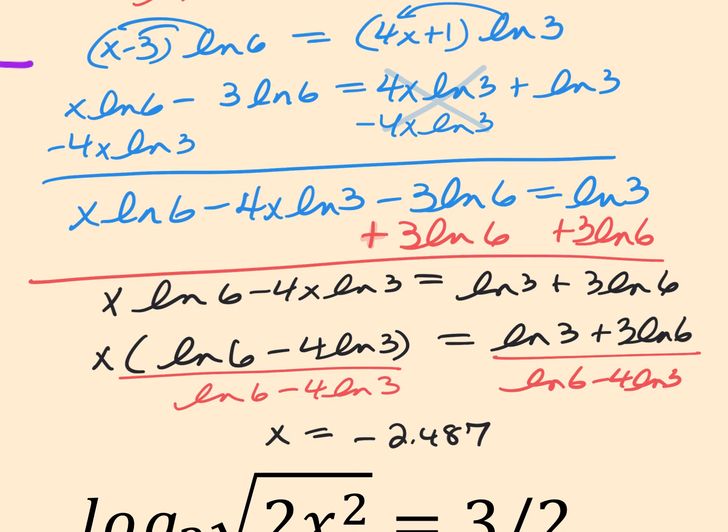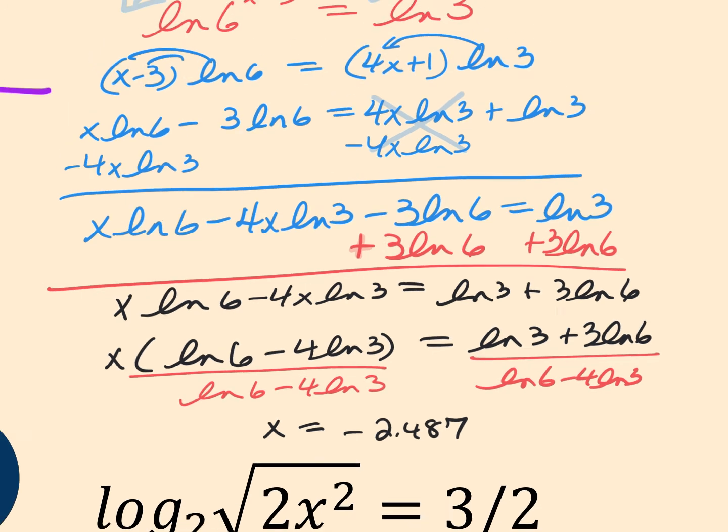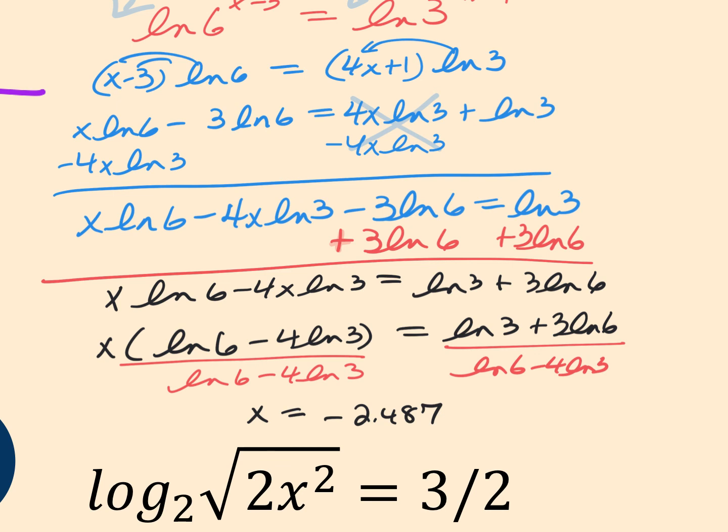Now, when you're doing this on your calculator, you need to use parentheses. You should put parentheses around the numerator, then hit enter, then divide, and then parentheses around the denominator.